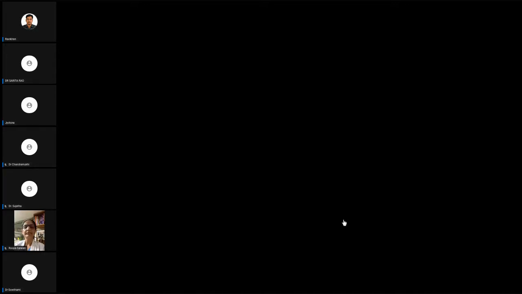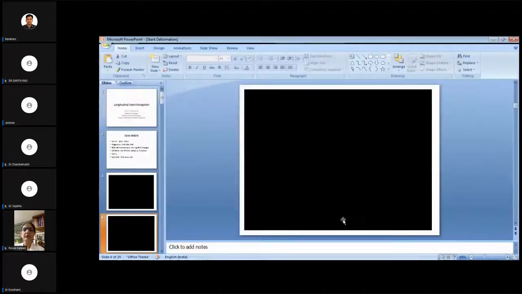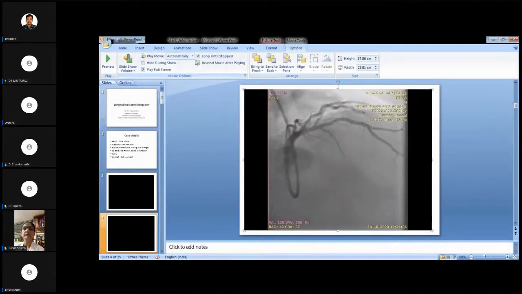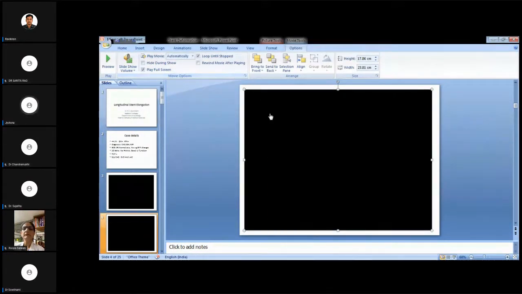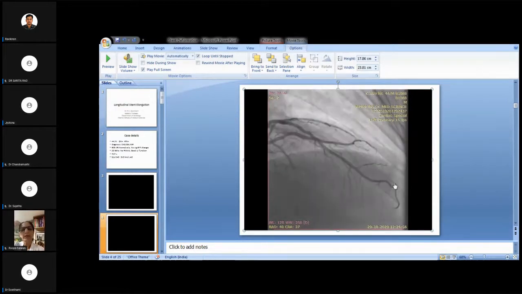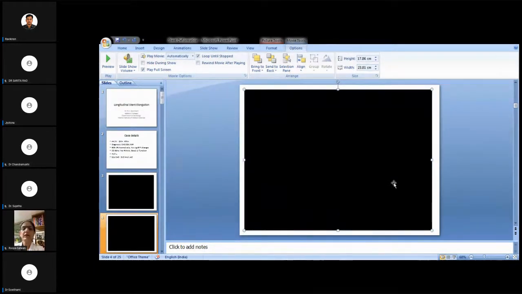Yeah, now it has come, but again it has gone to a black screen. It's coming for a second and again going to black. Maybe it is playing in a loop, and that is the problem.